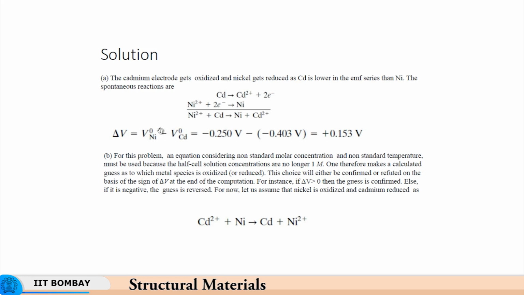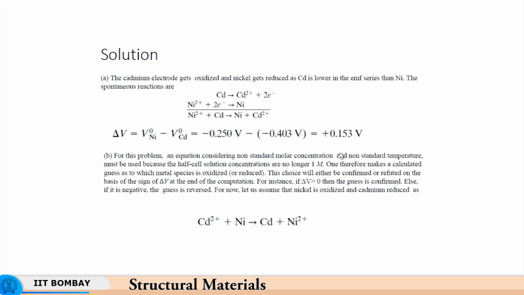So, here comes the reduction potential minus oxidation potential. So, reduction potential is minus 0.25, oxidation potential is 0.403, right, and so you get 0.153 volts as the voltage from the cell. So, plus 0.153 volts is coming from this cell.